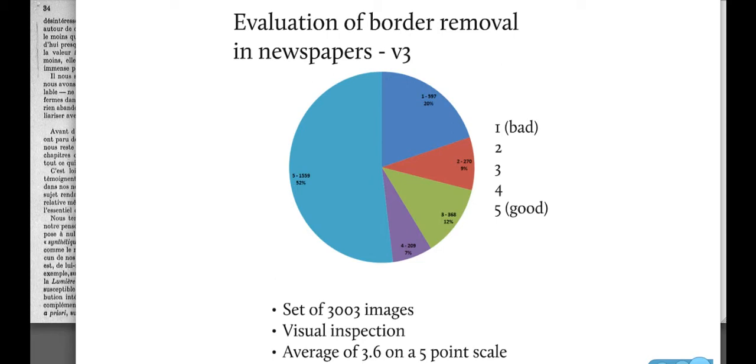Okay, so how did we evaluate the tool? Well, for the newspaper there was a specific question because border removal in newspapers is quite difficult, and for version 3, which is the previous version of the tool, we used a set of 3003 images with visual inspection. And as you can see from the chart, the lighter blue is 5, which is good, the darker blue is 1, which is bad, and everything in between 2, 3, 4, which gives us an average of 3.6 on a 5-point scale.